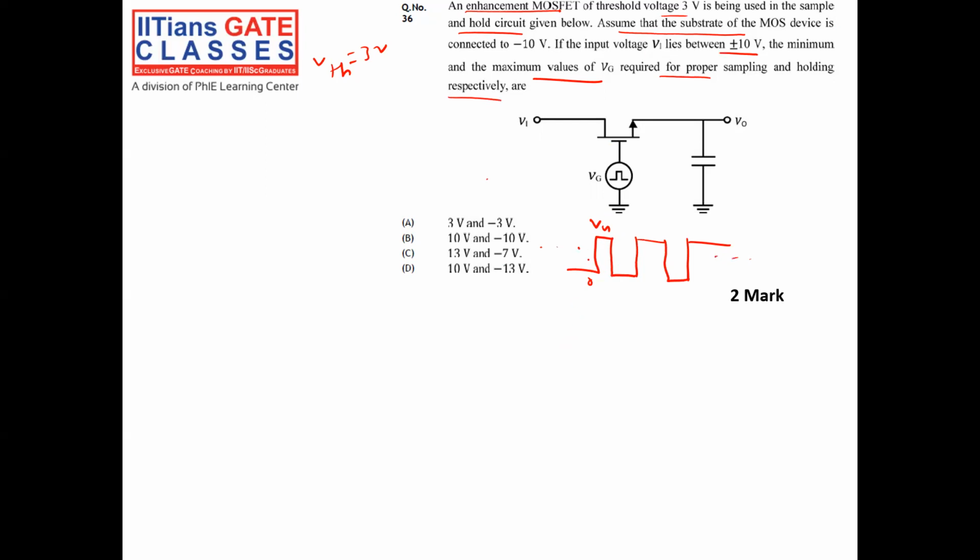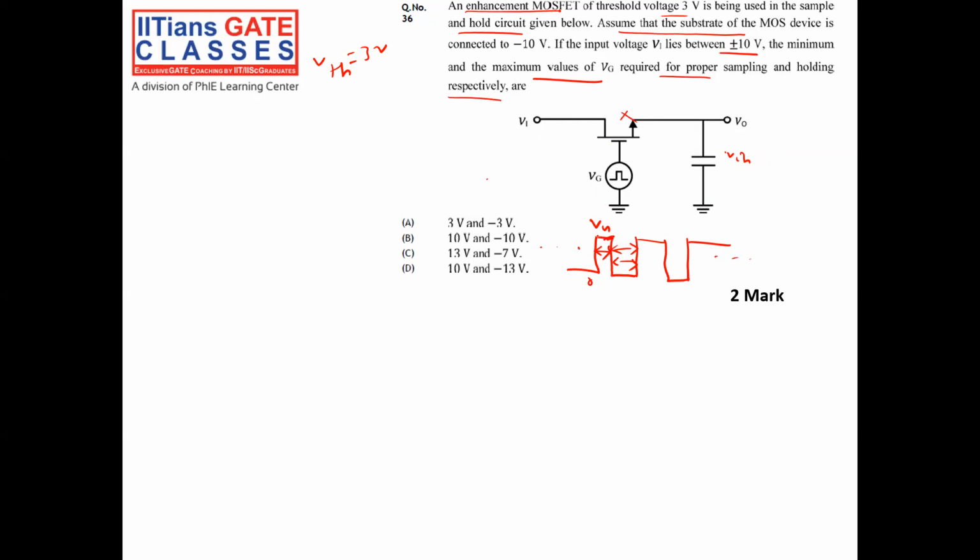When my gate is high, in that duration the MOSFET will be on. Whatever Vin is there, the capacitor will charge to that value. Now when the gate voltage goes to 0, the transistor will be off, and whatever Vin was there at this particular point will stay for the whole duration, right? So it will hold that voltage.